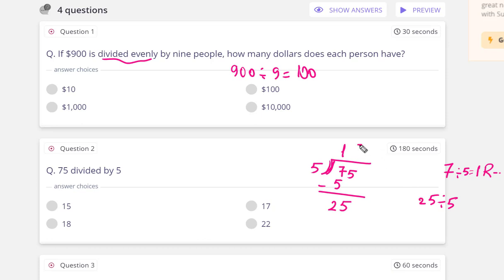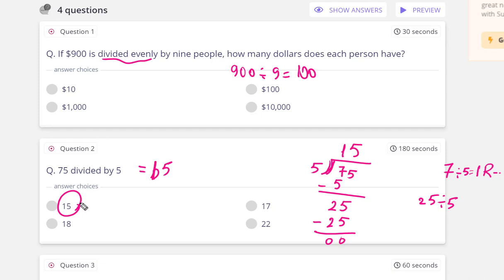Great. And 5 multiplied by 5 equals 25. When we subtract, the remainder will be 0. So the answer is 15. Sorry, 15. Okay, thank you, my hero.